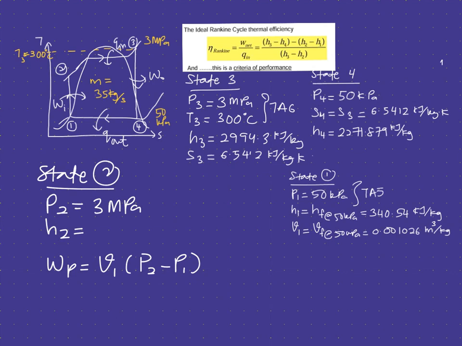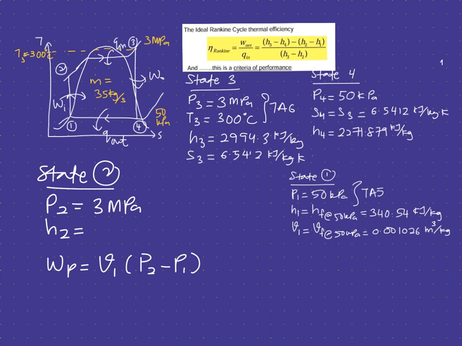This equation is used to find the work pump, where you have a specific volume times the pressure difference, because basically the use of the pump here is to pump your water back into this boiler. So you are going to have an increase in pressure, but the volume of water to be fed back into this system is the same. Thus, this is why we take the same volume from state 1.